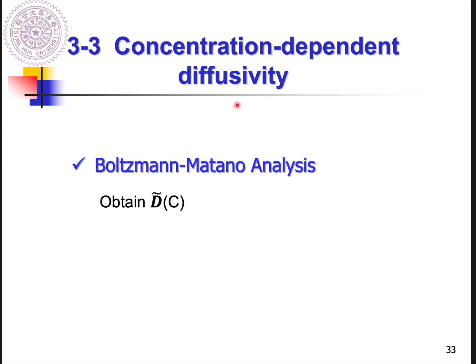But if the diffusivity is not constant, it changes with the concentration of the diffusing species, then how do we obtain the diffusivity? Here we are going to introduce a method called Boltzmann-Matano analysis to determine the interdiffusivity.